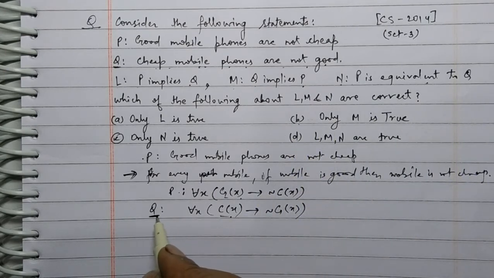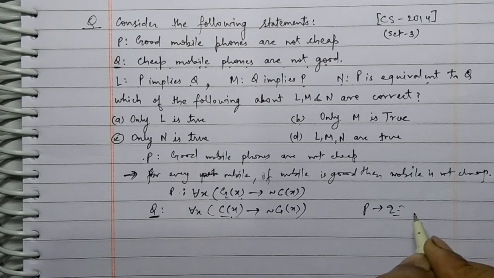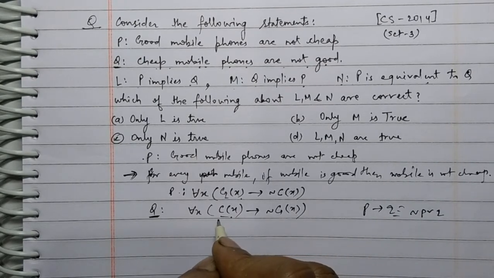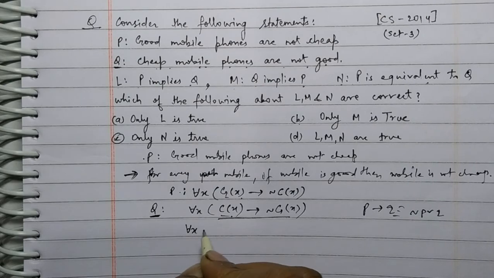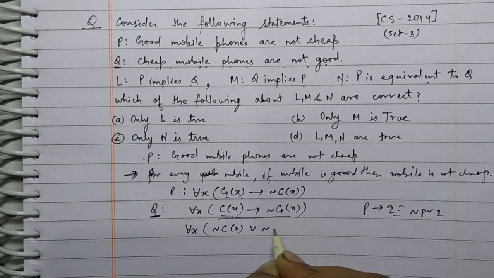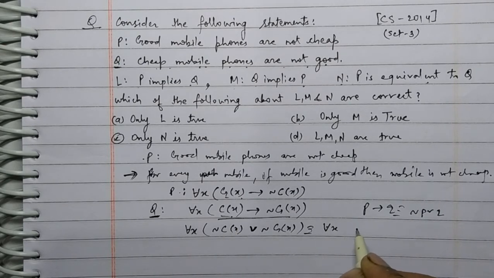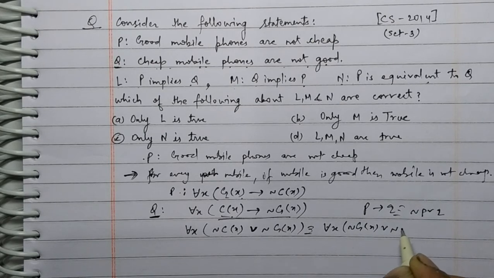Let's try to simplify the Q statement. As we know that P implies Q is equivalent to not P or Q, use this concept here. For all X, not CX or not GX. Since our operation is commutative, we can write this as, for every X, not GX or not CX.